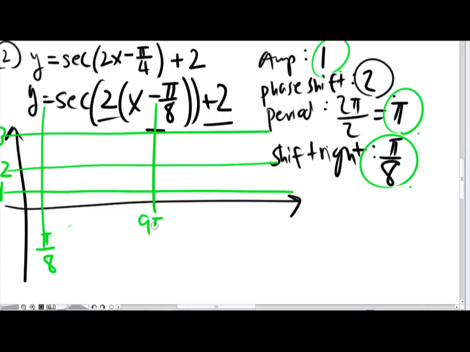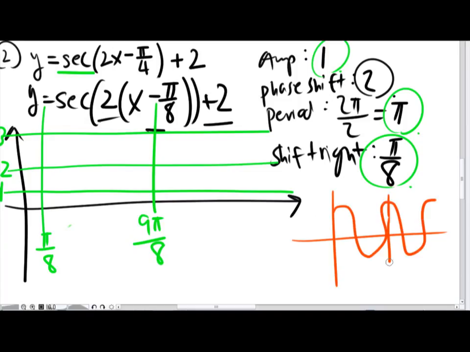And then our secant curve. So we could draw the secant curve from the cosine curve, which is this. This is one period of the cosine curve.